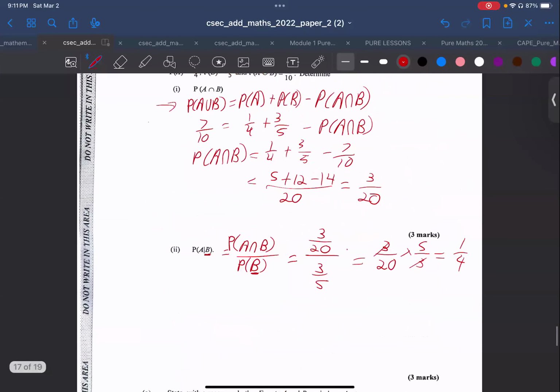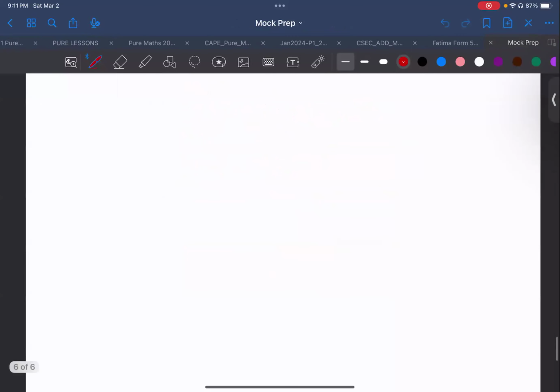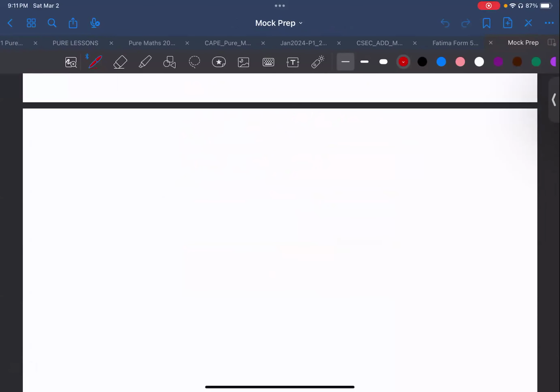Okay, let's look at now a tree diagram. It's a tree.